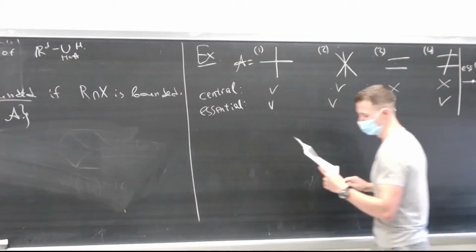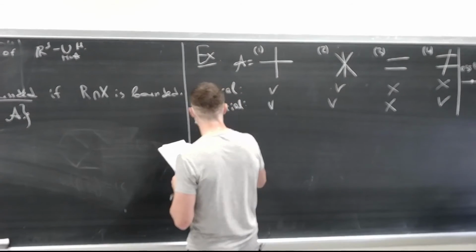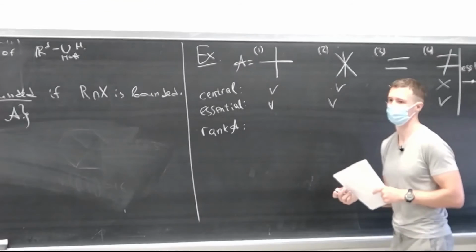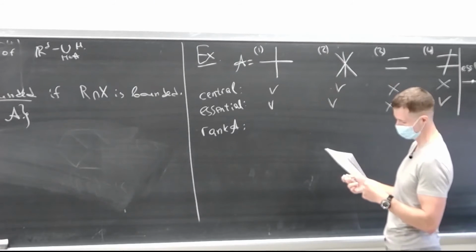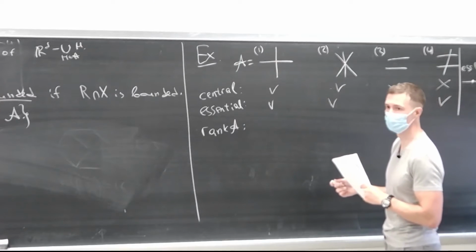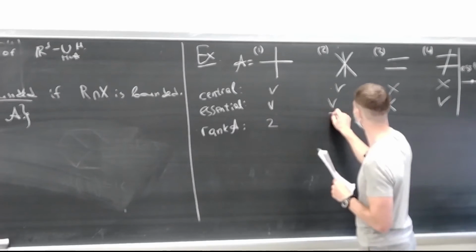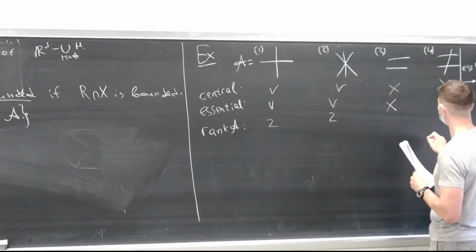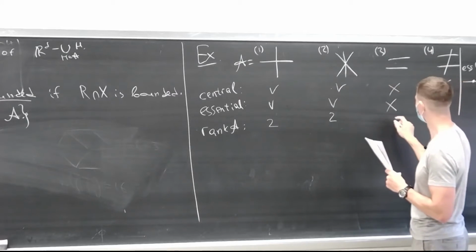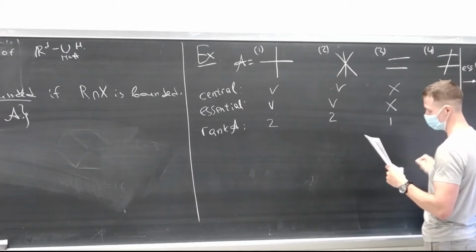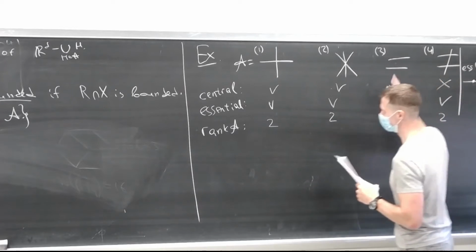Okay, very nice. What is the rank of each of these? Say 2 for the central one. Okay. And then 1. Okay, very nice. So here the rank is 1.